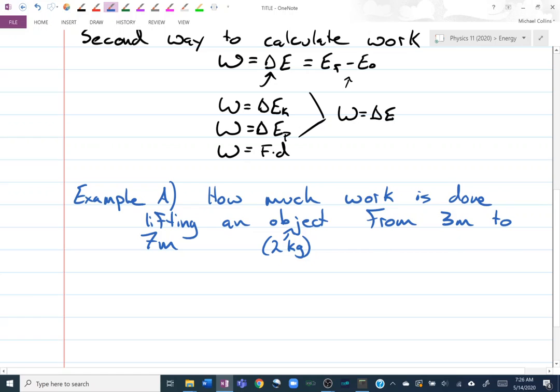How much work is done lifting an object from 3 meters to 7 meters? So when we're lifting something, what we're changing is its potential energy. It's going from one height to another height.